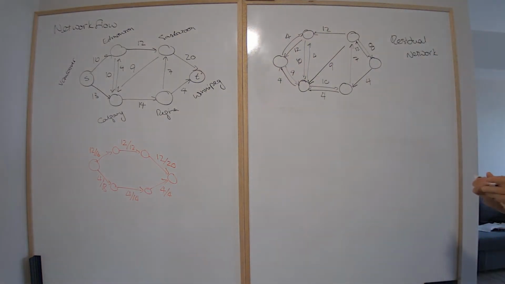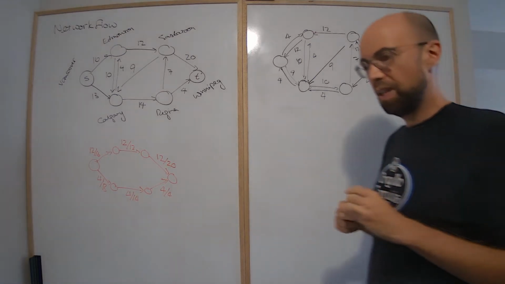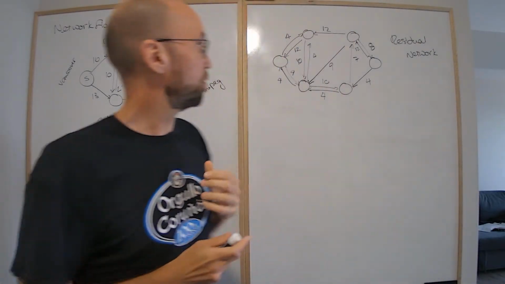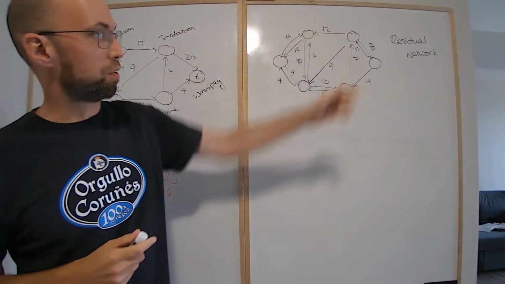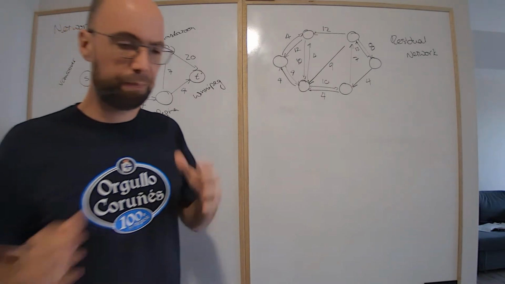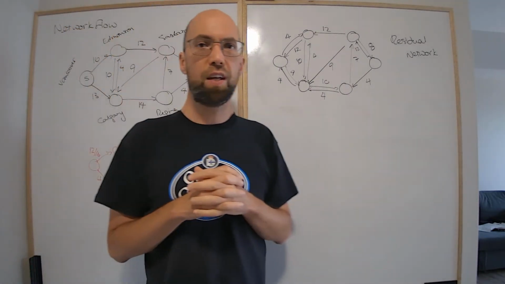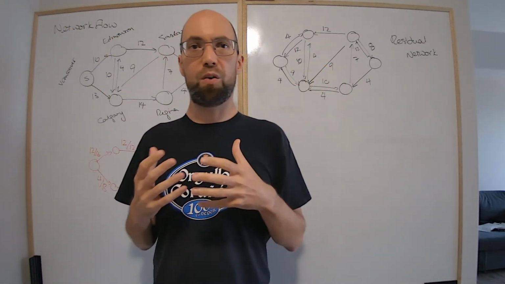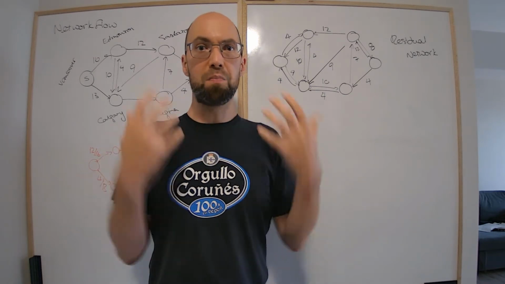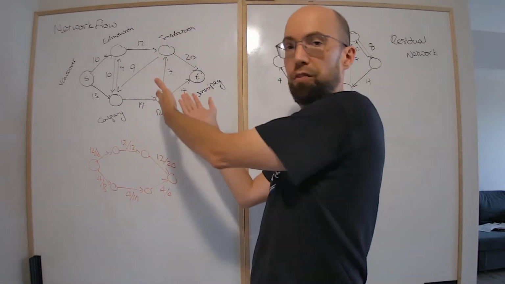So, now is that it? Okay? So, now we have the residual graph, the residual network. And the question is, from this, can we somehow find a way to add more flow to this?